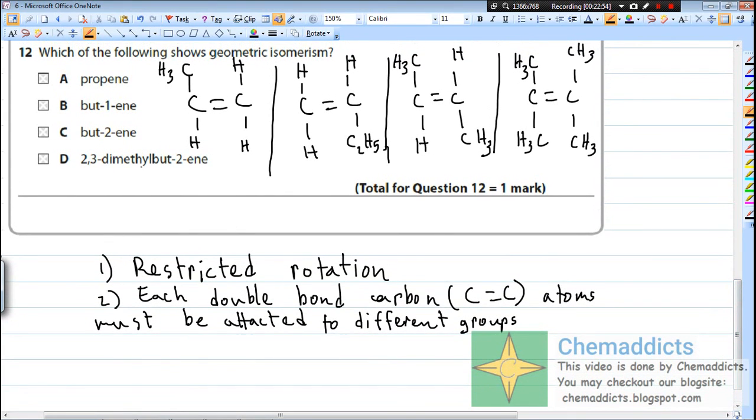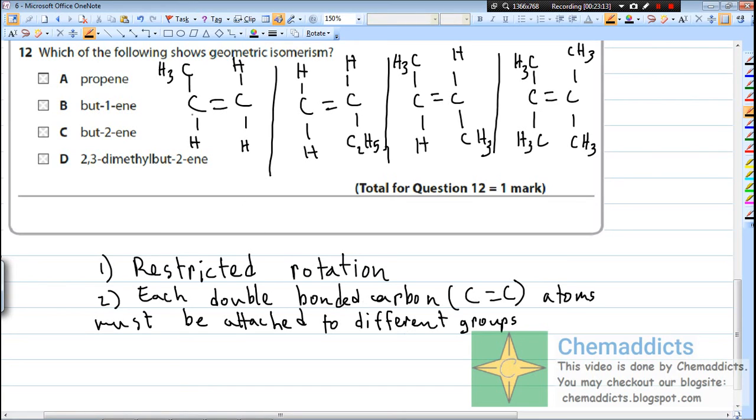Here the second criterion says that each double bonded carbon atom must be attached to different groups. Must be attached to different groups.